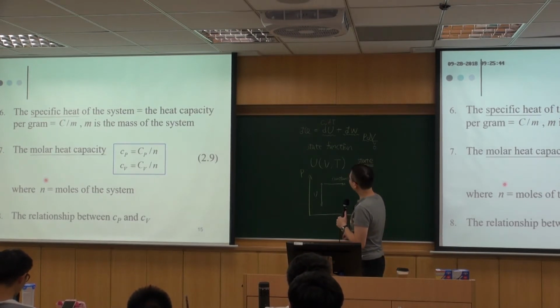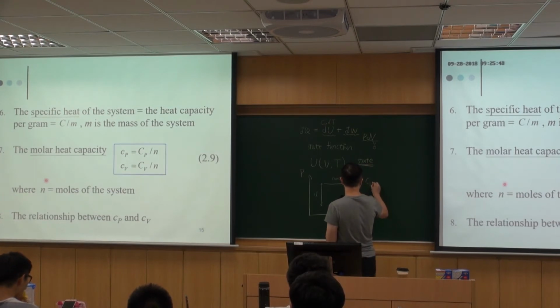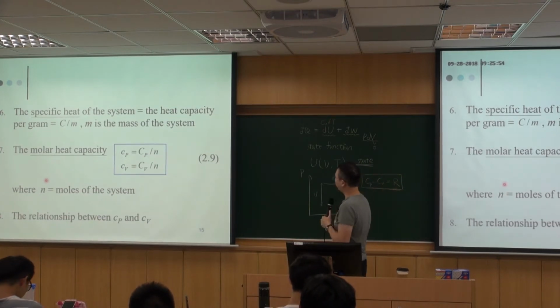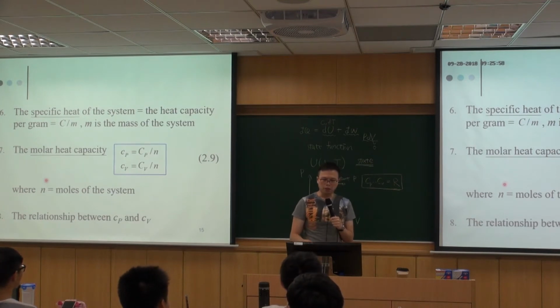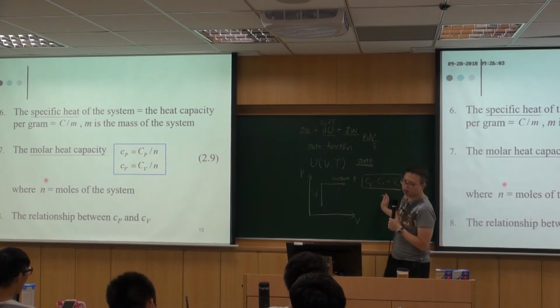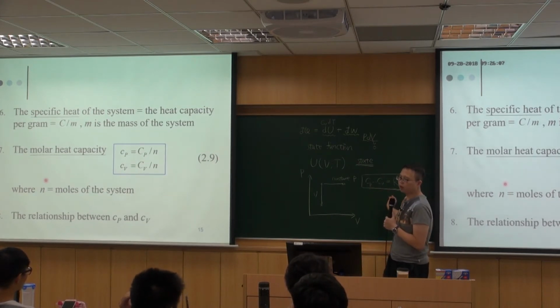So what we're going to see next is that we have to show that the difference between small Cp and small Cv, the molar heat capacity for constant pressure and constant volume processes, is very simple.